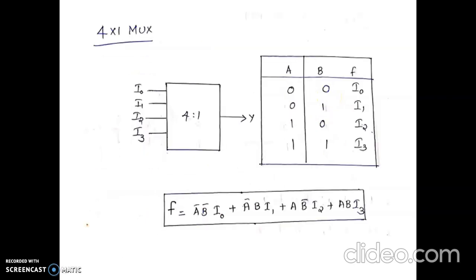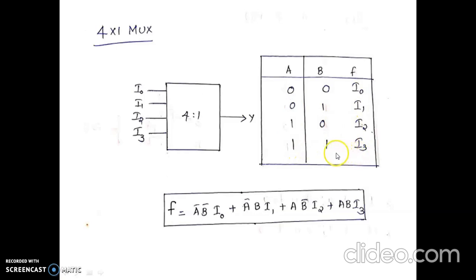Okay, then next, the 4 by 1 mux. Here we have 4 inputs and we get 1 output. Here I0, I1, I2 and I3 are the 4 inputs. Then 1 output Y. Then we have the function: 0 0 gives I0, 0 1 gives I1, 1 0 gives I2, 1 1 gives I3.